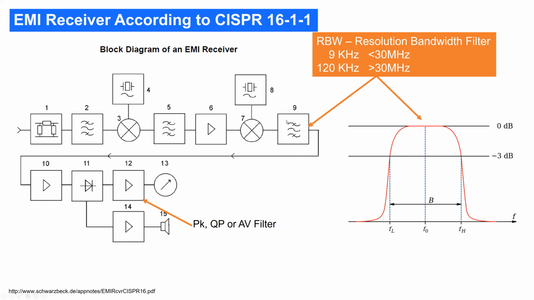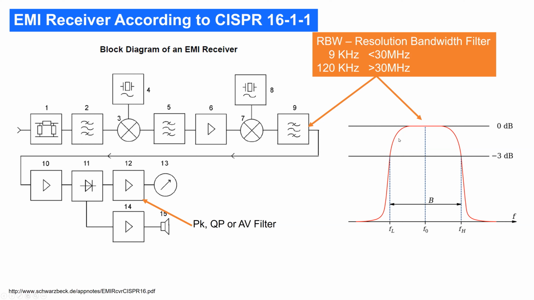And the important filter is actually the receiver bandwidth filter or resolution bandwidth filter. And that is set to a -3 dB bandwidth of 9 kilohertz in the 150 kilohertz to 30 megahertz range, and it will be set to 120 kilohertz above 30 megahertz and below 1 gigahertz.